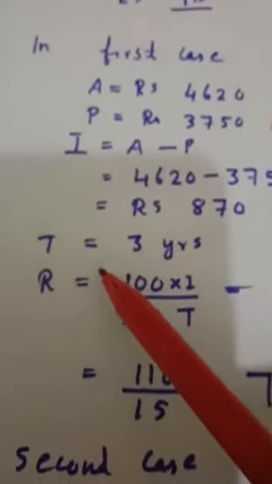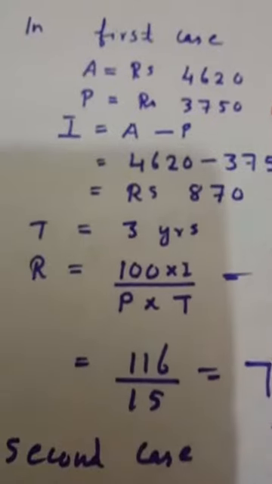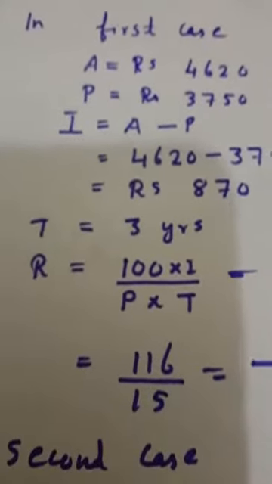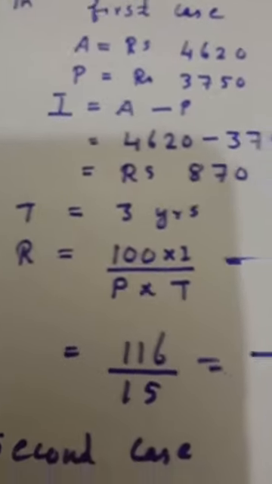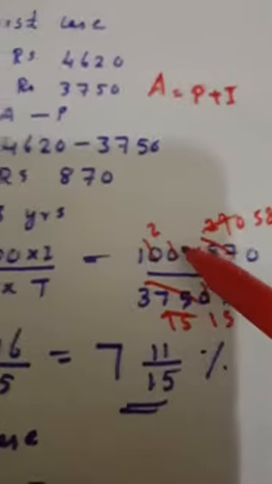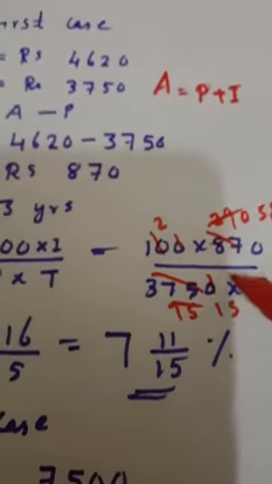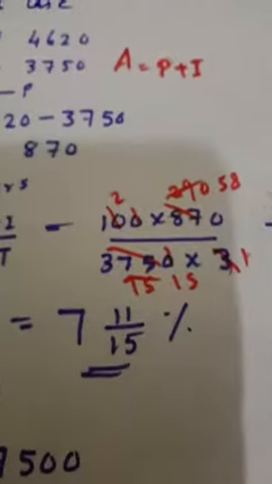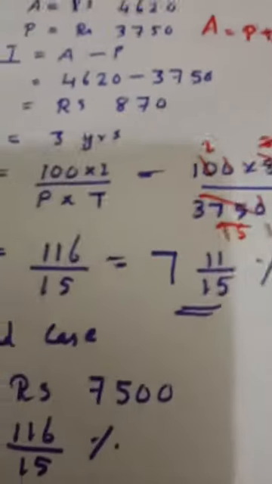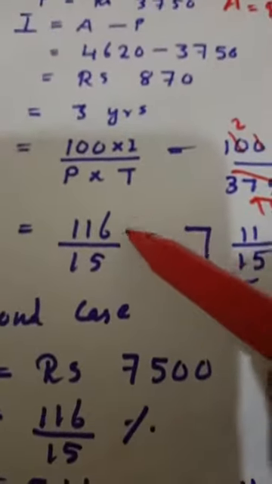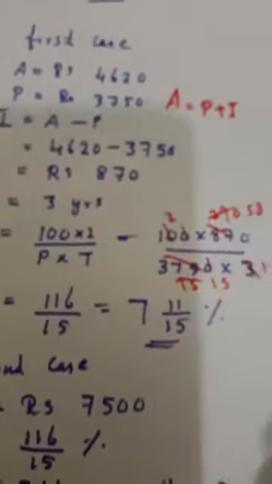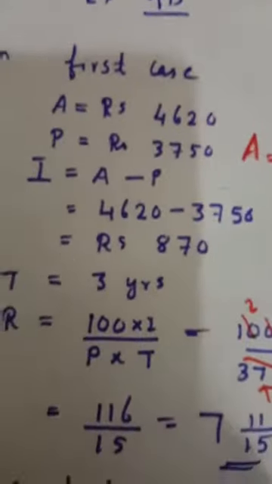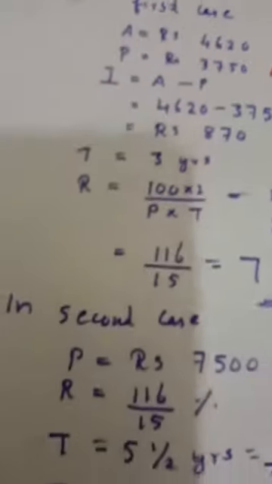So we want to find R, rate of interest. What is the formula for finding rate of interest? 100 into I by PT. Substitute the values, 100 into 870 by 3750 into 3. After cancellation, it is 116 by 15, so 7 11/15.